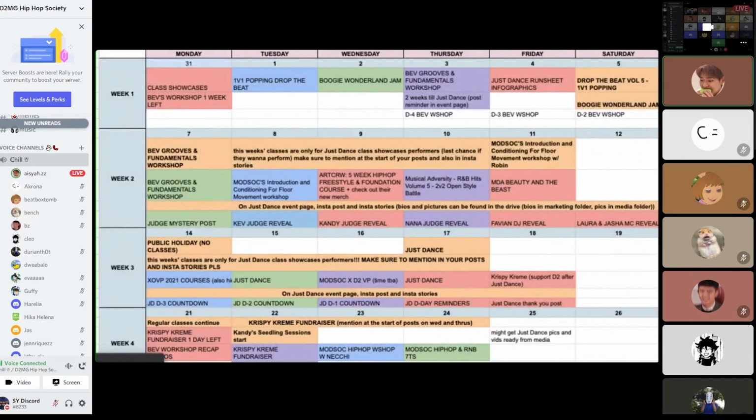So how do you do that? By having a color coordinated marketing schedule. So PSA, this was our marketing schedule for June, which was one of the busiest months and the month before lockdown happened. I personally find this very satisfying to see.